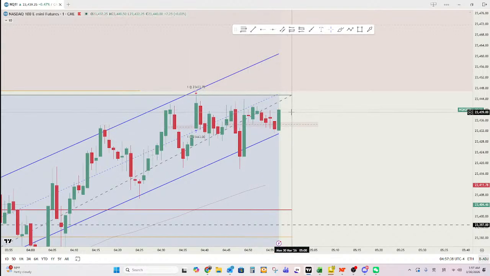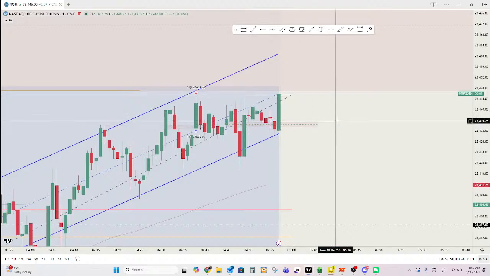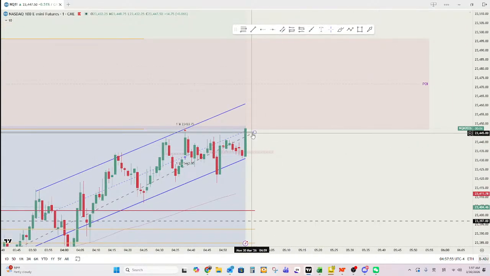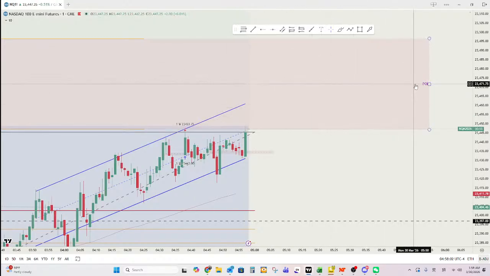So if the candlestick can stop below this bar, I went to short. But you see there is a strong resistance here. So now the price is kind of getting into my point of interest.